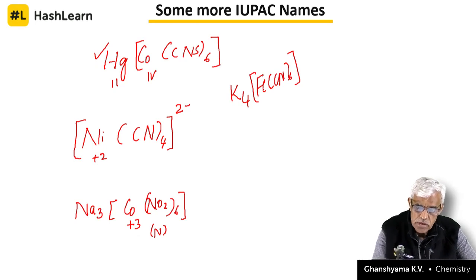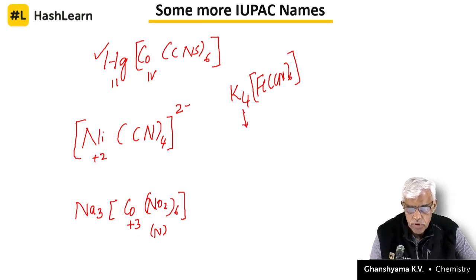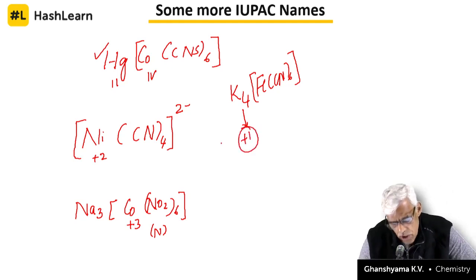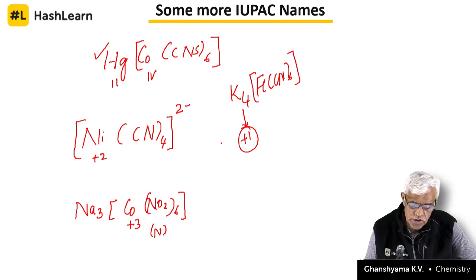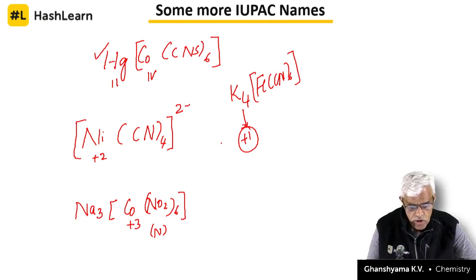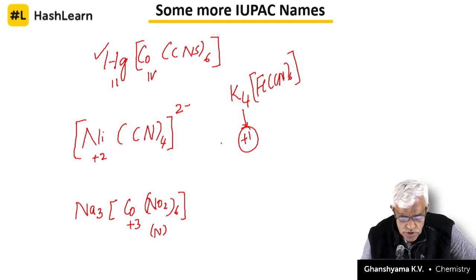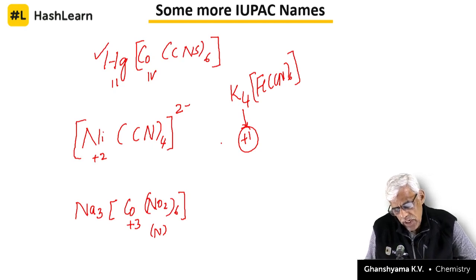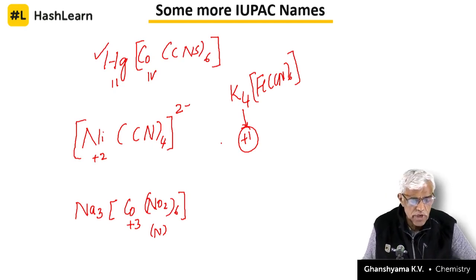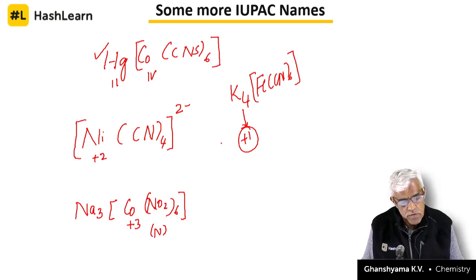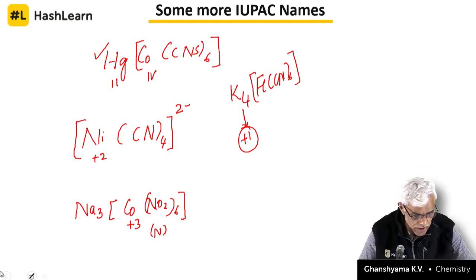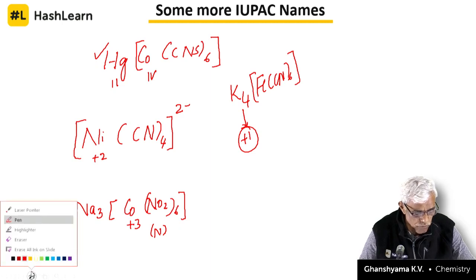But see, here potassium is enough because potassium has got the primary valency or the oxidation state of only +1 fixed. Whereas for mercury, the primary valency or the oxidation state vary. We have mercurous with +1 state, mercuric with +2 state. In such cases, even for the counter ions, we have to write the valency.